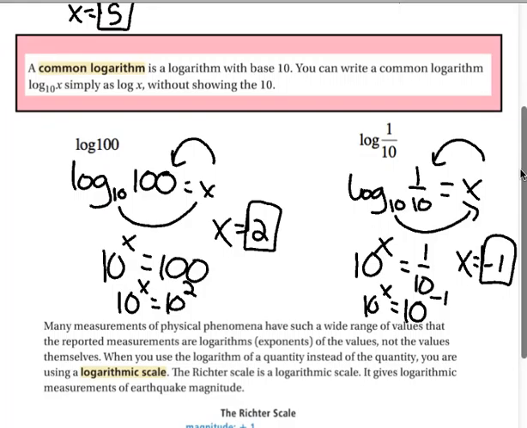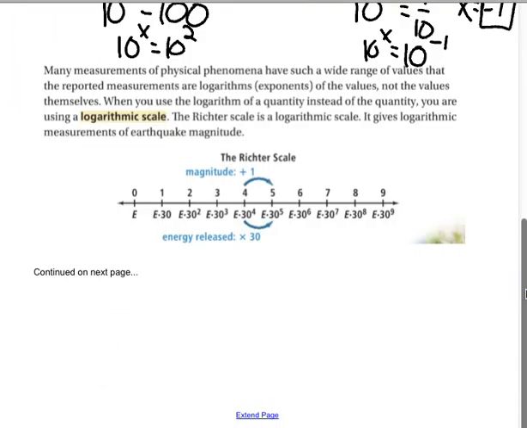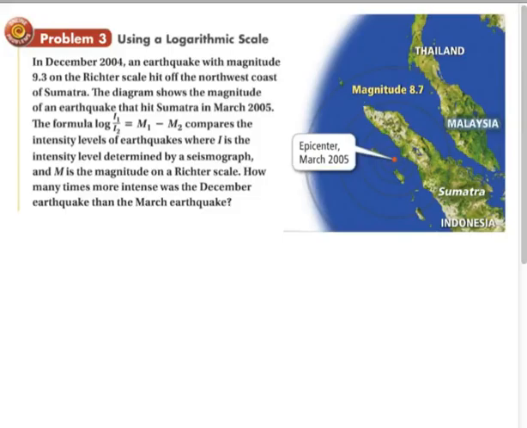All right, one last thing to work through. So one good example of what uses a logarithmic scale is the Richter scale, which is used to measure earthquakes, okay? The energy of an earthquake, that's how it's measured. So let's take a look at this.